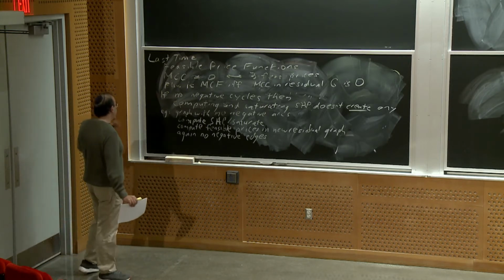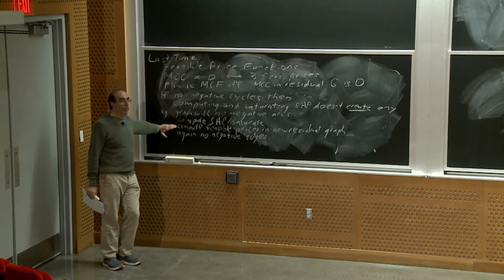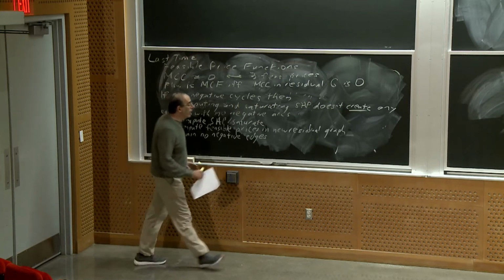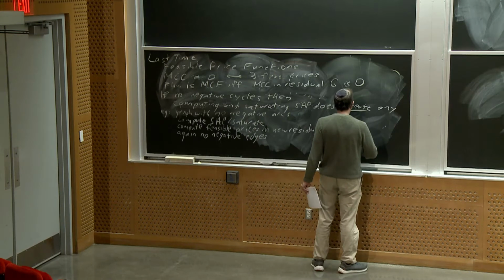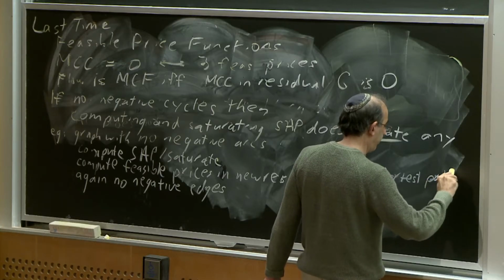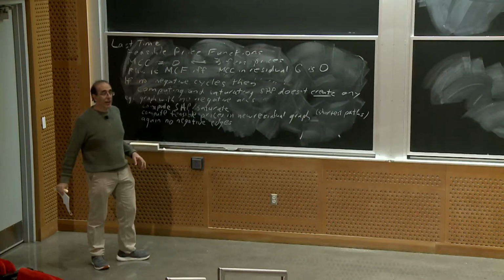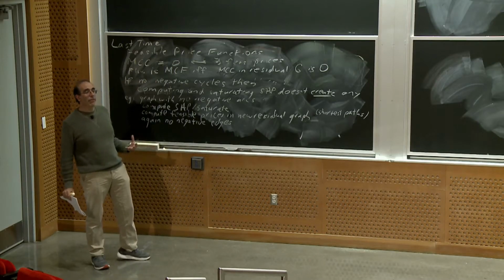OK. And how do we compute feasible prices in a network with no negative cost arcs? Or in general, actually. If there is a feasible price function, how can we compute it? Shortest paths, right? Any shortest path algorithm, the distances that you get out of that algorithm are feasible prices.